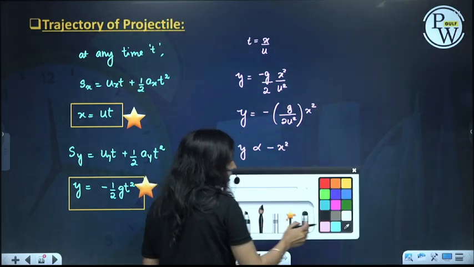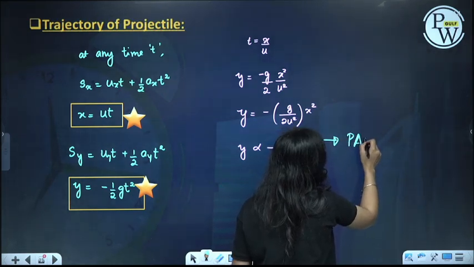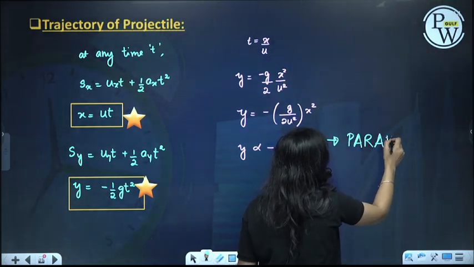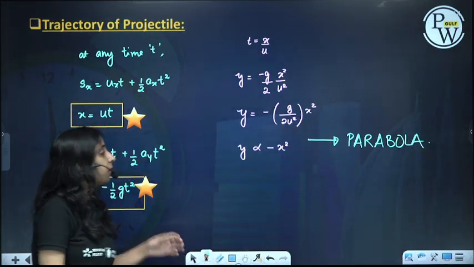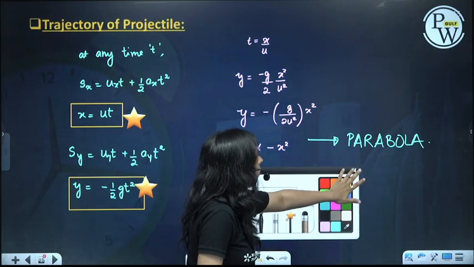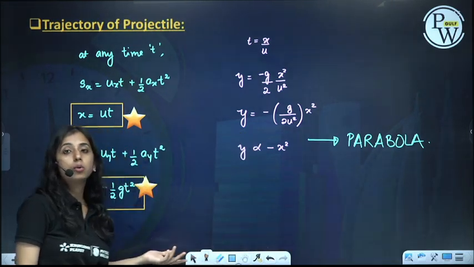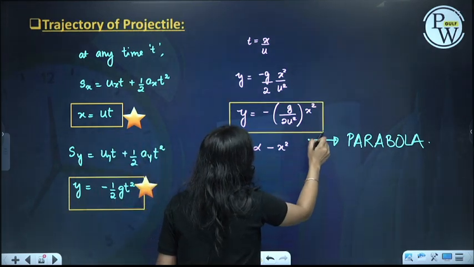This trajectory is a parabola. Y is proportional to x square, so this is a parabolic path.